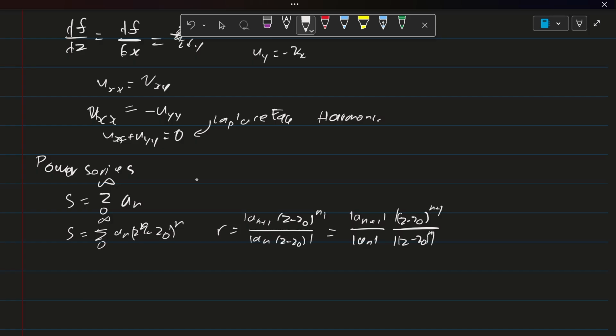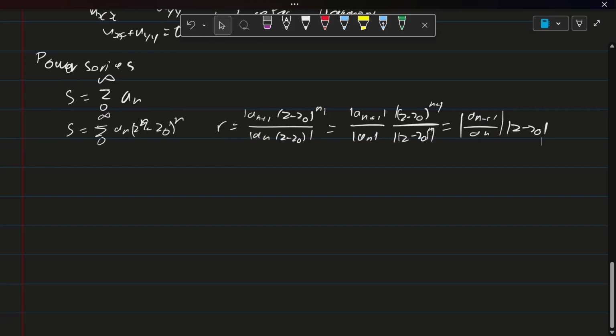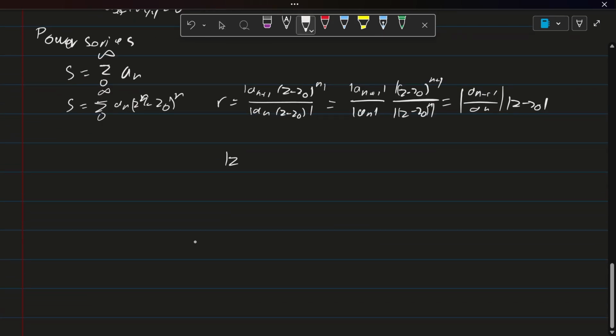So now with this, we could derive that the ratio of an plus 1 over an times z minus z0 has to be less than 1. So the absolute value of z minus z0 has to be less than the absolute value of an over an plus 1.